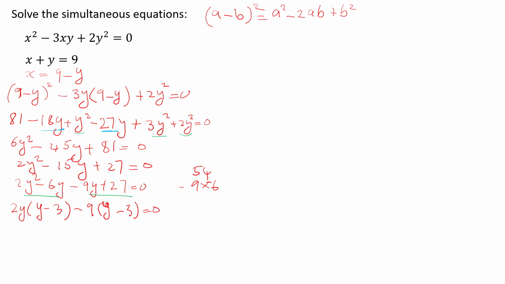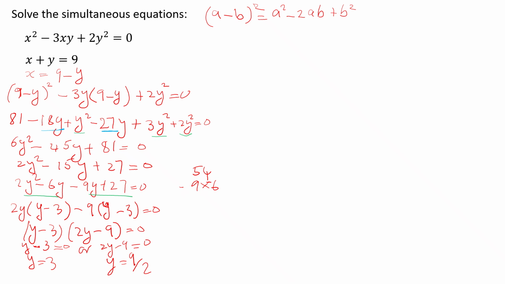Take y minus 3 common: (y minus 3) times (2y minus 9) equals 0. So y minus 3 equals 0, then y equals 3. Or 2y minus 9 equals 0, so y equals 9 over 2.